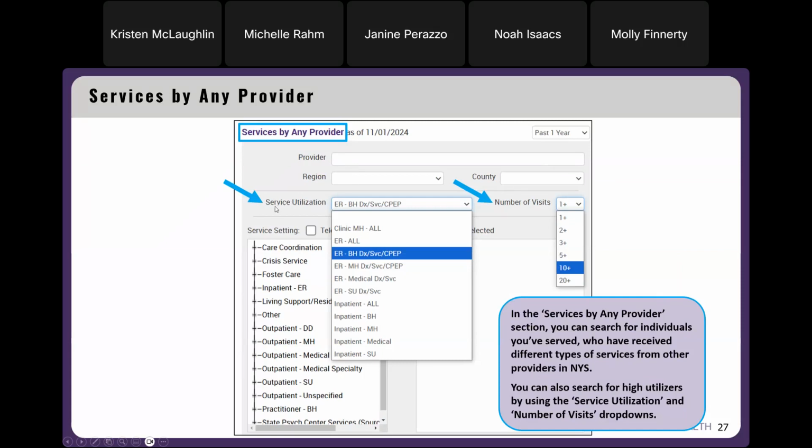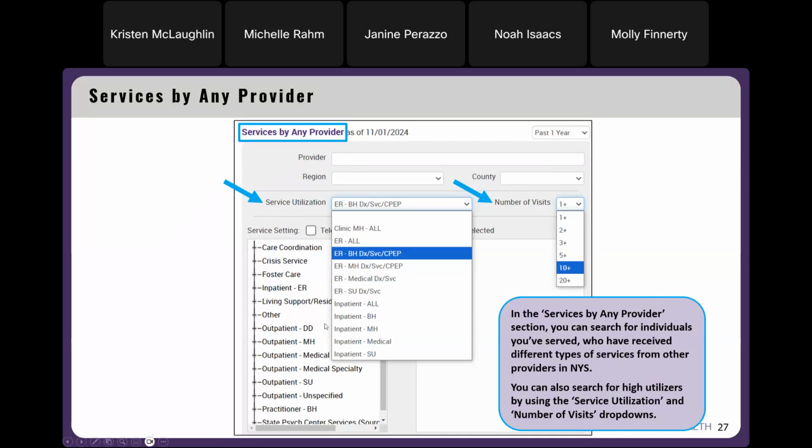I could also figure it out for a specific type of service utilization. So if I want to know who have I been serving in the past year that had an ER, behavioral health, ED visit or CPEP visit of 10 or more in the past year, that was really high utilizer, I could do so by running a search like this.